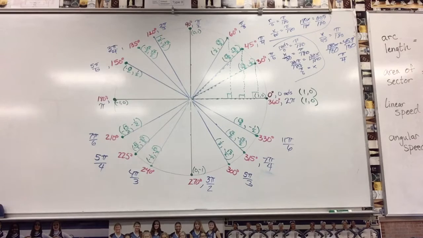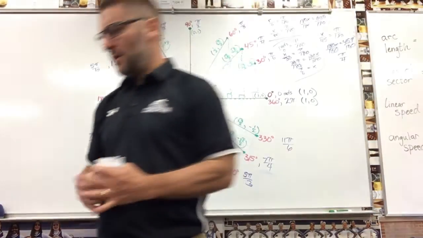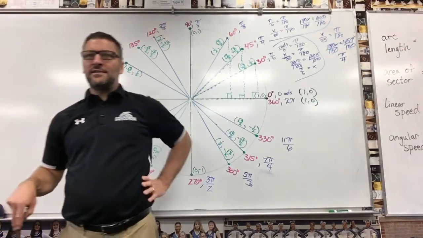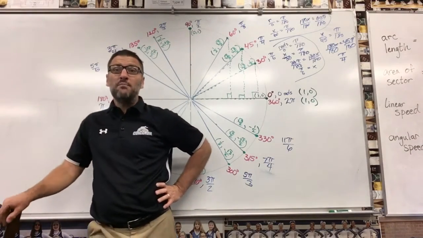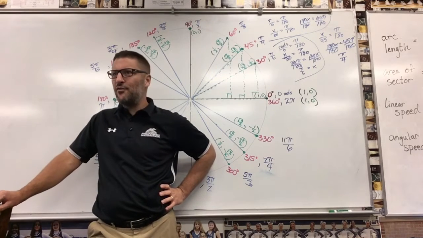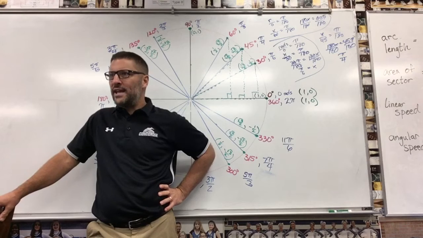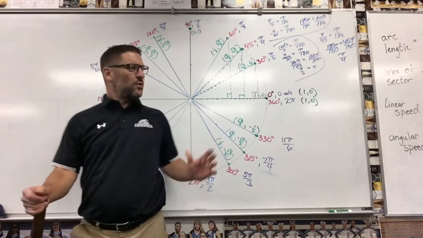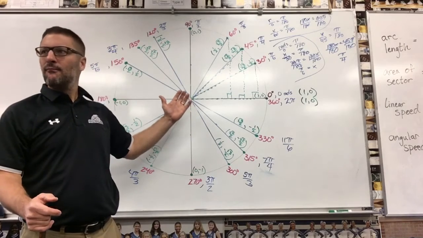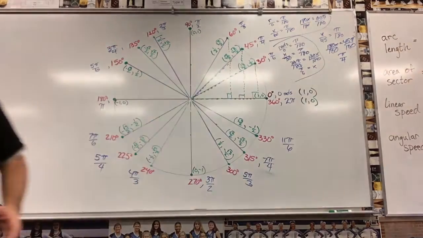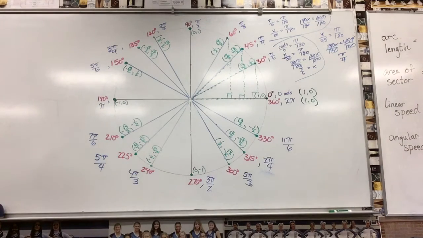So, here's a question that I should be able to ask you right now. Are you ready for this? At 21 pi over 4, what is the ordered pair? Where's 21 pi over 4 at? I don't know either, but I can go like this.